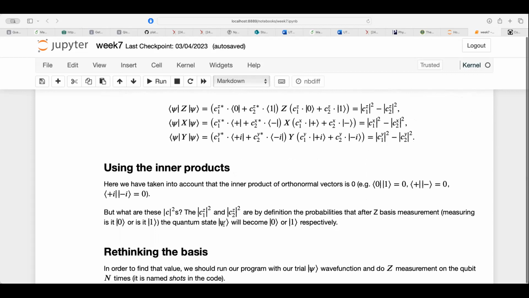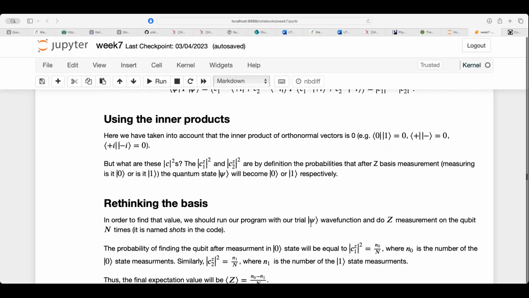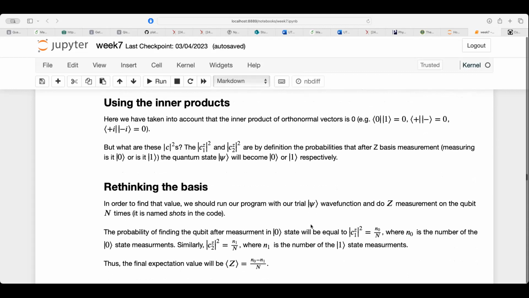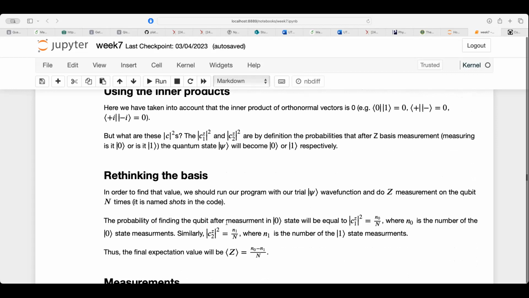And then the quantum state psi will become either 0 or 1 when we make the measurement. So if we use this basis, the type of measurement we will end up with for the expectation value of Z is the counting of the number of times we have 0 and the number of times we have 1. And that means that these coefficients will simply be given by that.